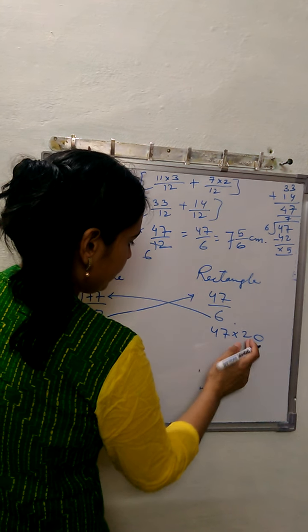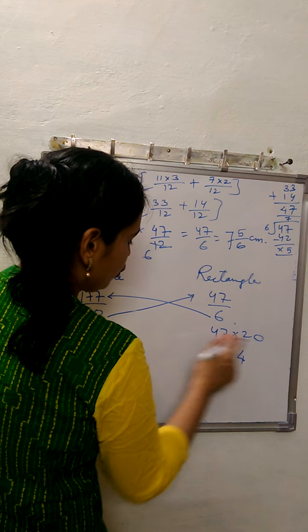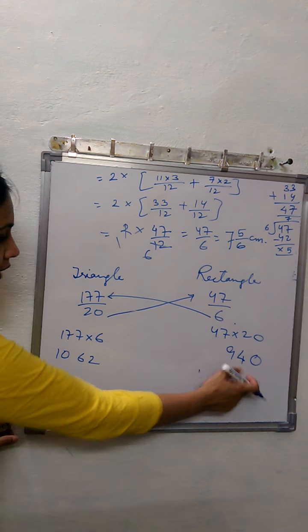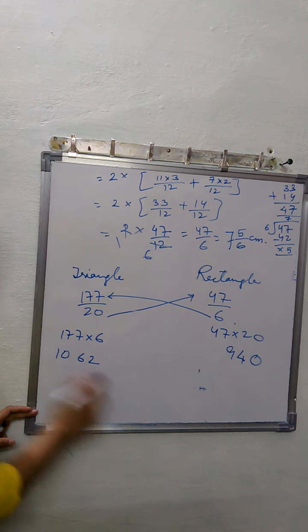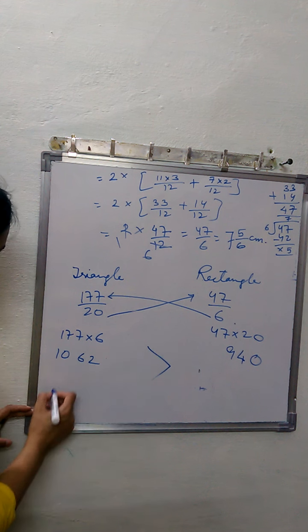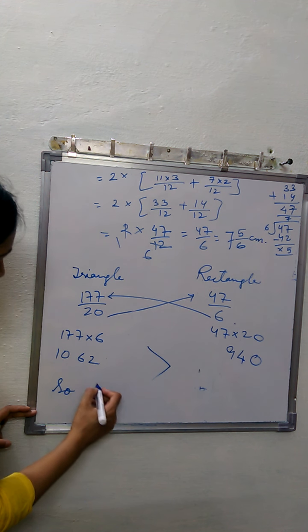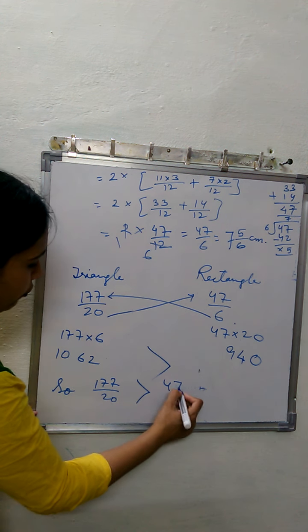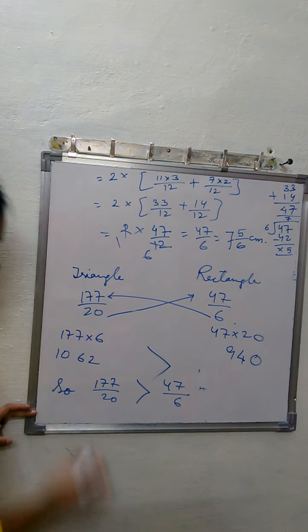And 2 sevens are 14, 2 4s are 8, 9 and 0. So which side is greater? This side is greater. Yes. So 177 upon 20 is greater than 47 upon 6.